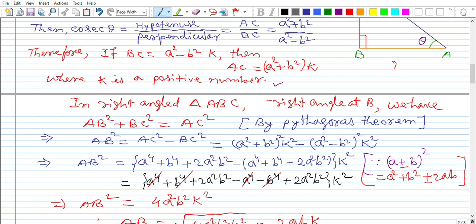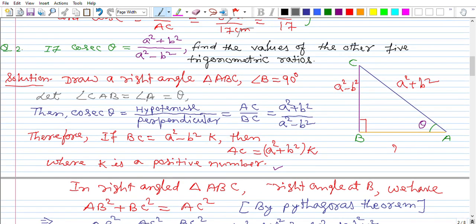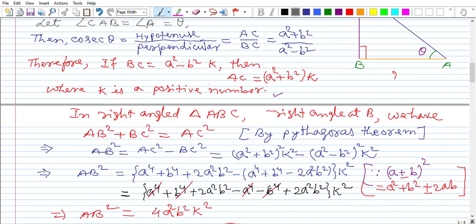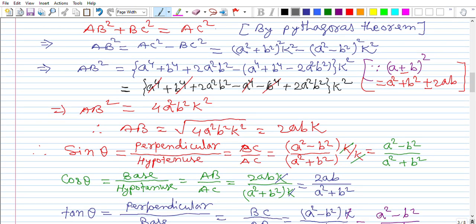And then we have to find AB. So AB equal to under root 4a square b square K square, so equal to 2abK. Now we will find, as given, the other 5 trigonometric ratios. First, we will start because we have 3 sides: perpendicular, hypotenuse and base.